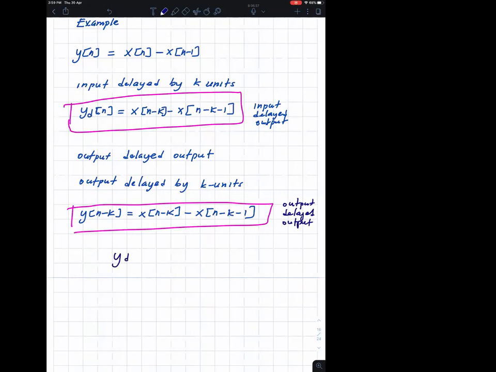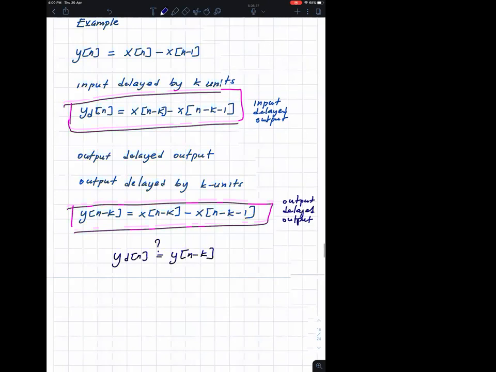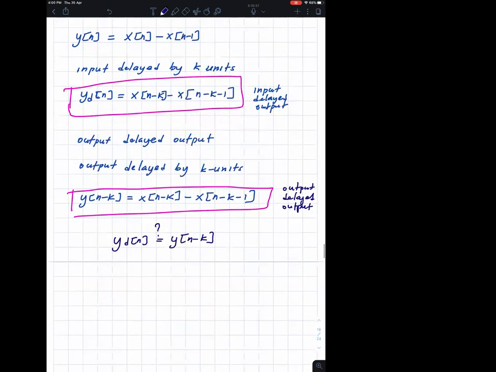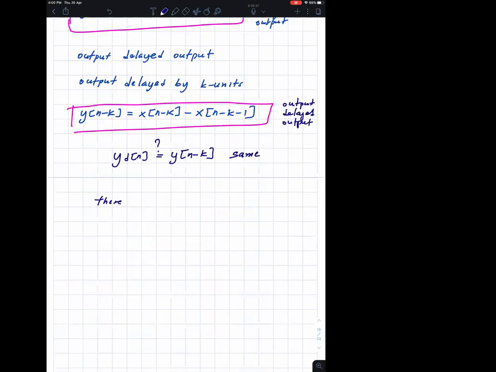Is ydn the same as yn minus k? Yes, same. Therefore, it is time invariant. You just look at the equation, you're just comparing the equation.